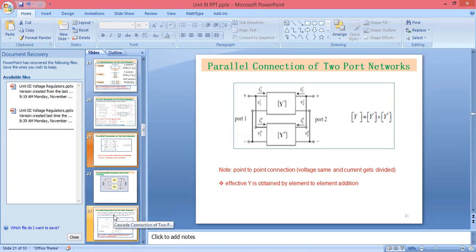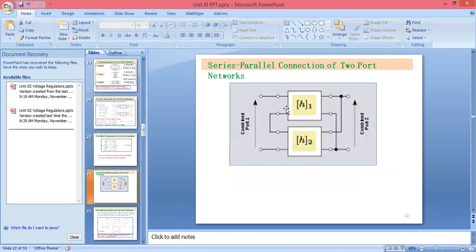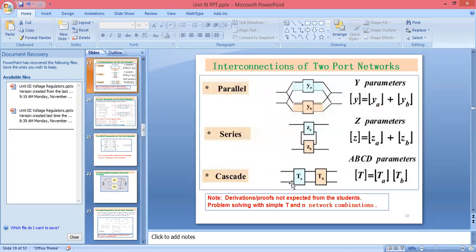Now we can see here the cascade. Series-parallel connections, if you are making the series and parallel connections for a hybrid network, we are not studying here. Cascade, what will happen in cascade? We can take the cascade one by one. If we are taking the ABCD parameter, port A, port B, port C, we can connect one by one.